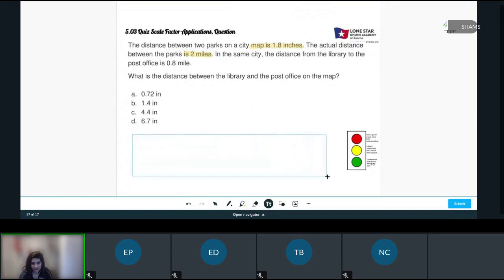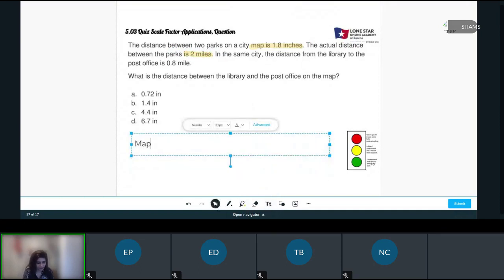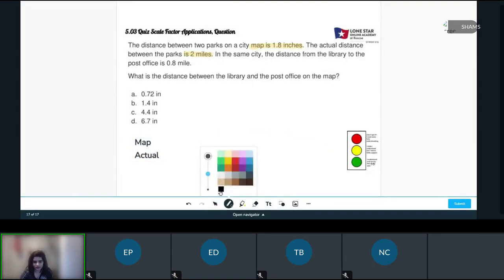This is some matching information and I can set it up, map to actual. On the map it is 1.8 inches, and actually the distance is 2 miles. I'm ignoring the units and only using the numbers, and I will still figure out the answer.